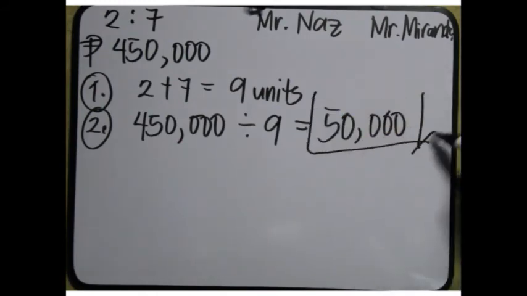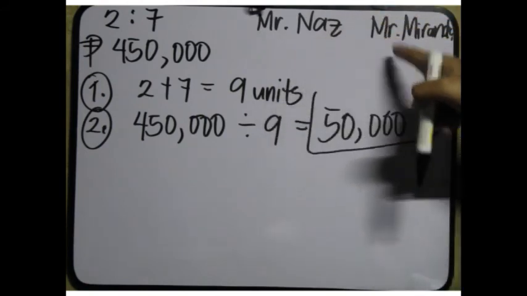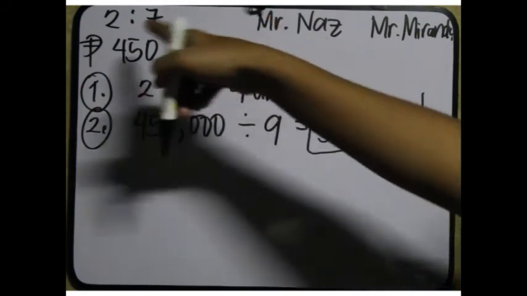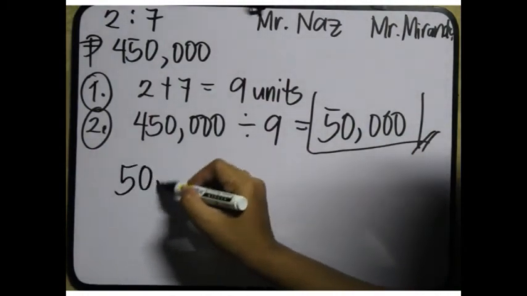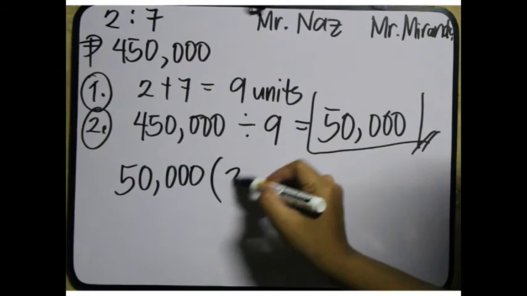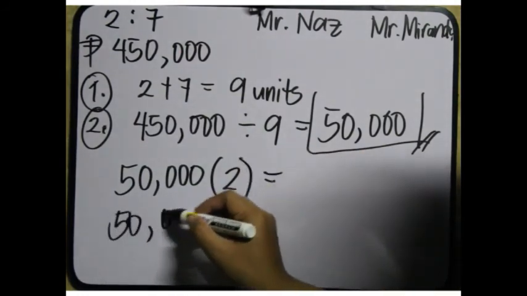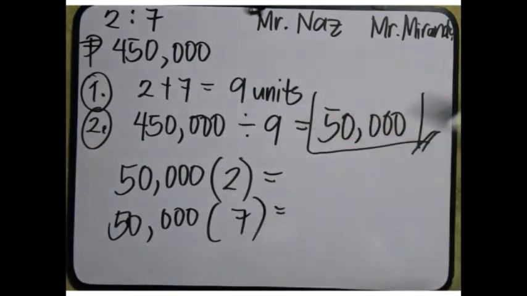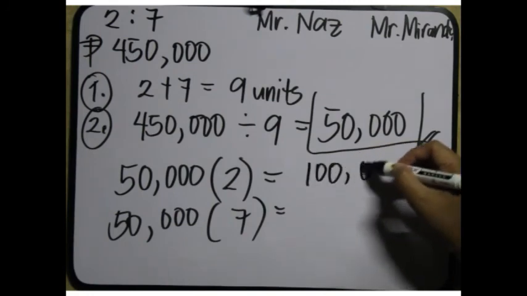In order for us to get the share of each partner, which is Mr. Nas and Mr. Miranda, we need to multiply it by our ratio. So 50,000 multiplied by 2. And the next one, 50,000 multiplied by 7. Okay, 50,000 multiplied by 2 is 100,000.